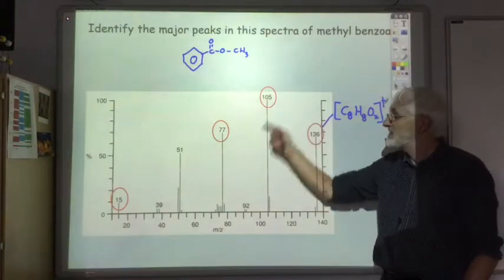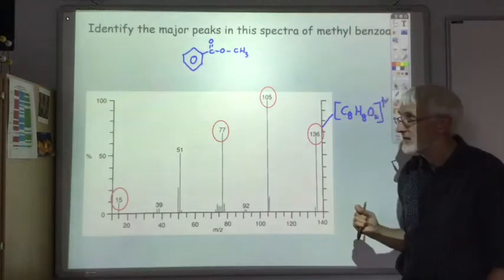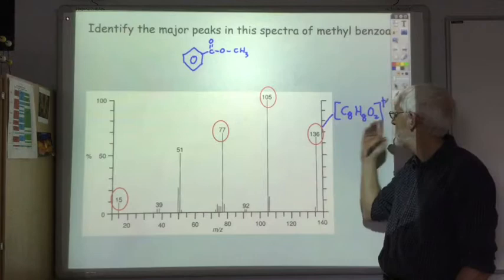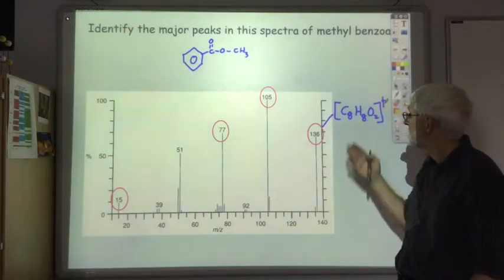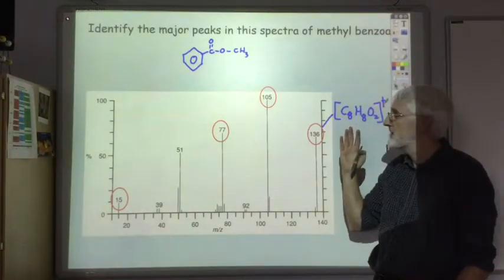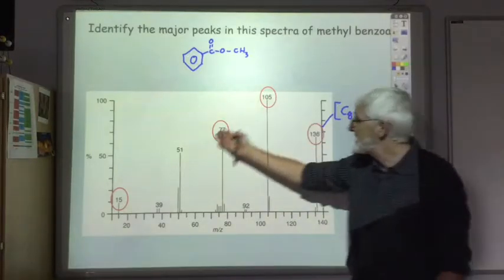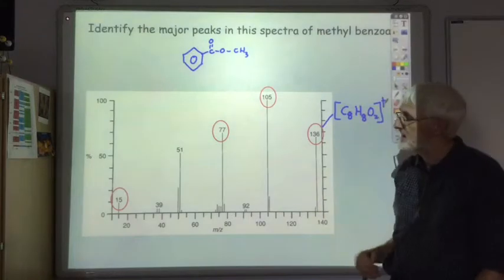Remember, all these species are ions. So if you're asked to identify them, you need to put the positive charge in. So that's a molecular ion, not fragmented. These 3 other peaks will be fragments.